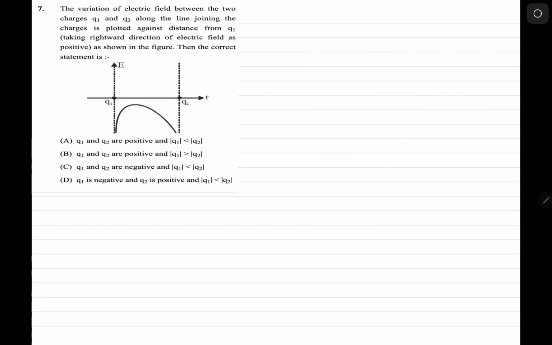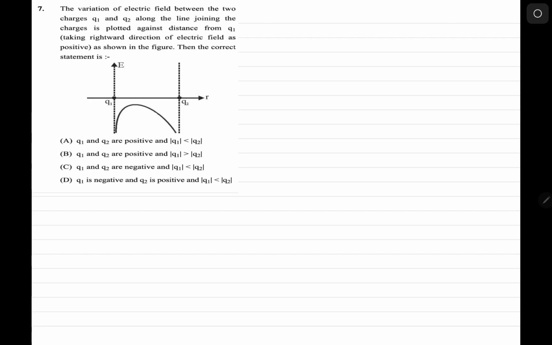Question number 7 is on electric field and force. The variation of electric field between the two charges q1 and q2 along the line joining the charges is plotted against the distance from q1, taking rightward direction as positive. You can see here between q1 and q2 the electric field is not 0, right?